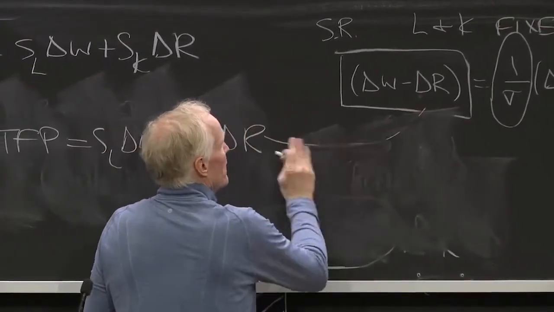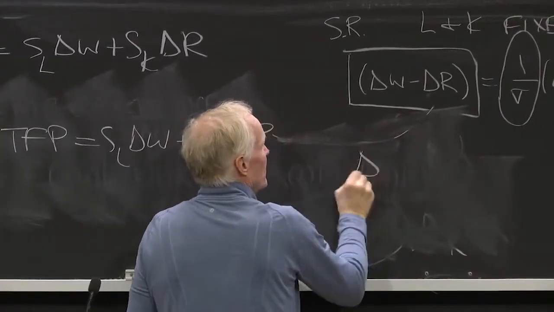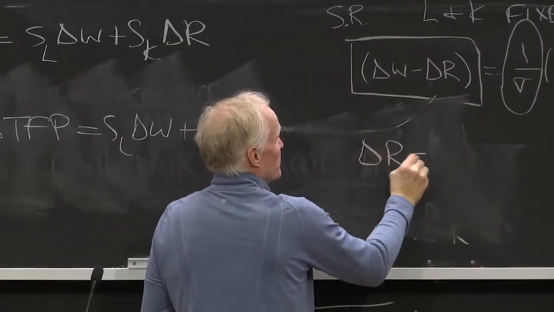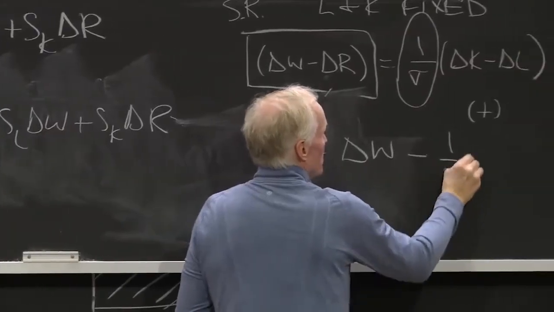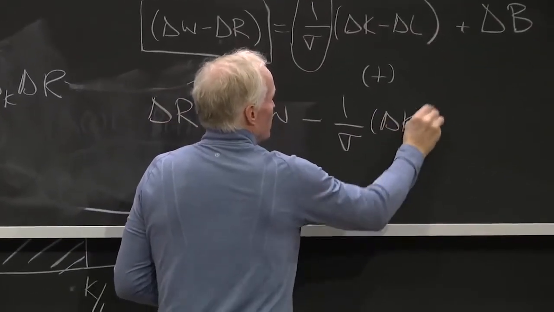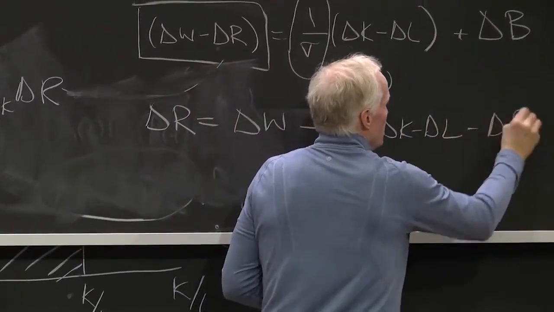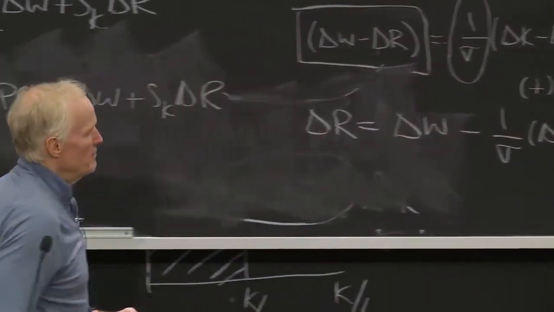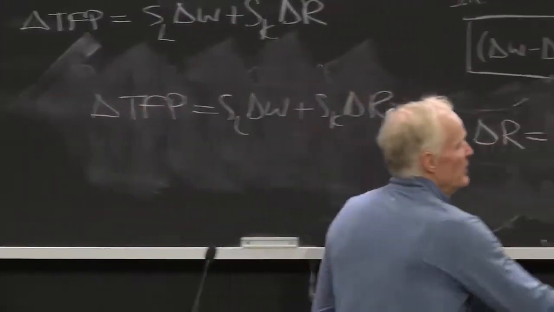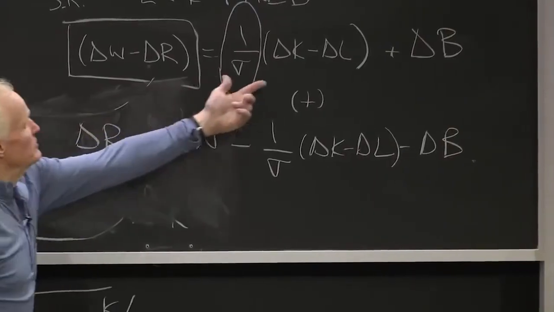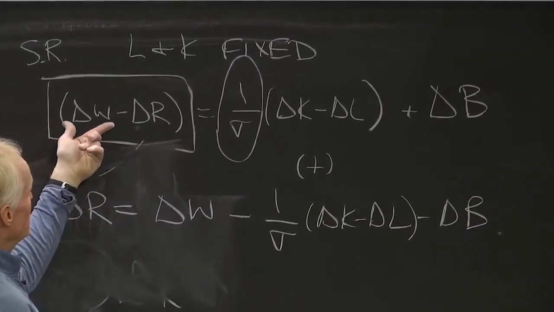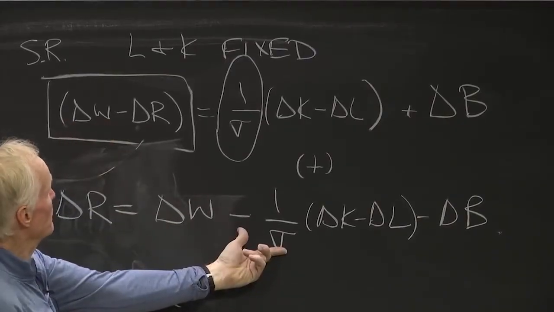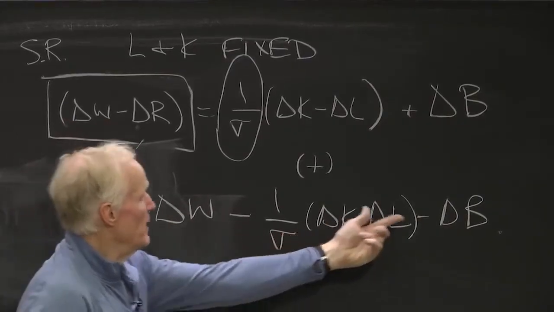Well, we can do it either way. Solve this equation for delta R, I'm sorry I'm doing this in such a clumsy way: delta W minus 1 over sigma, delta K minus delta L, minus delta B. Okay? Everybody agree with that equation? Just solve this over to the other side. So I got delta W minus 1 over sigma, this, minus delta B.